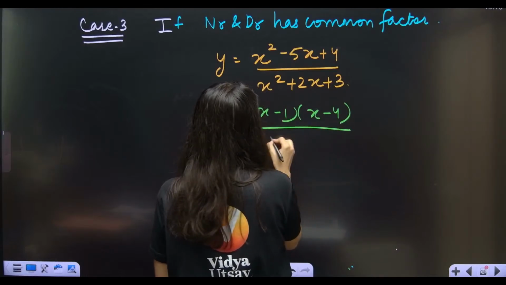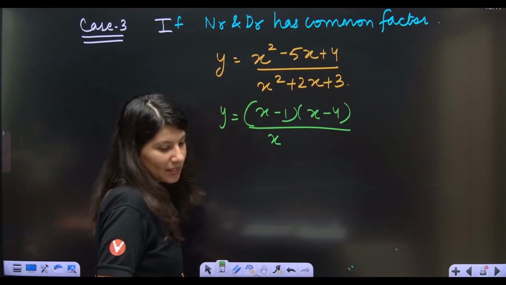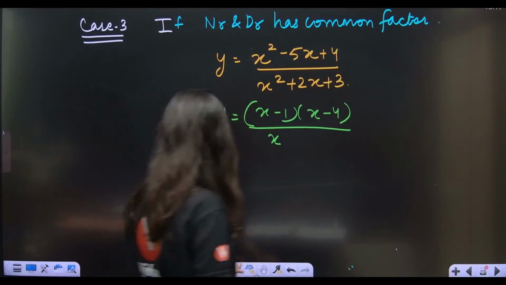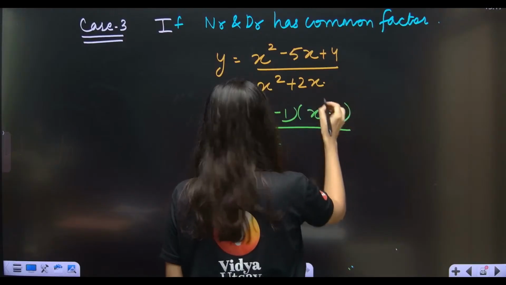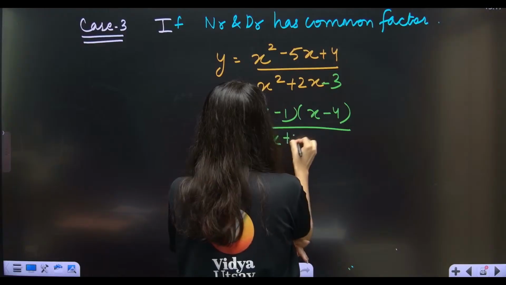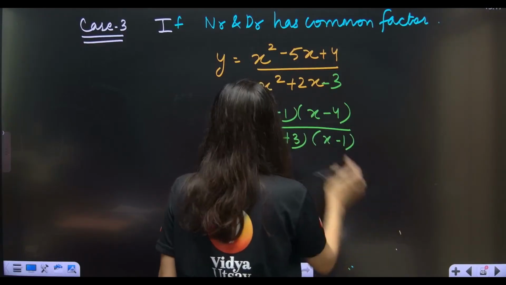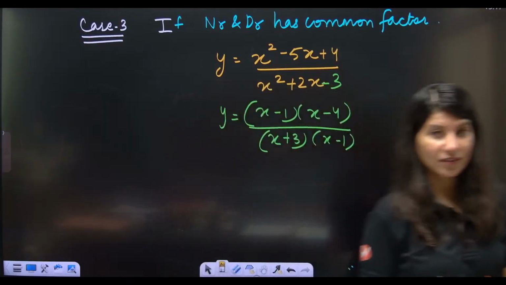And this is x square plus 2x minus 3. Sorry, this is minus 3, okay? So this is x plus 3 and x minus 1. Can you see, first of all, this is a common factor. Hold on.